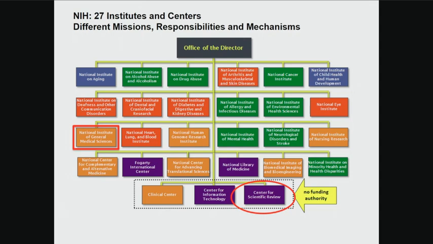But the important one down below there is the Center for Scientific Review. And so there's often confusion that, for example, NIGMS over here with a little red bar around it, that somehow the SAT, surgery, anesthesiology, and study section is part of us. It's not. Those are two separate entities.